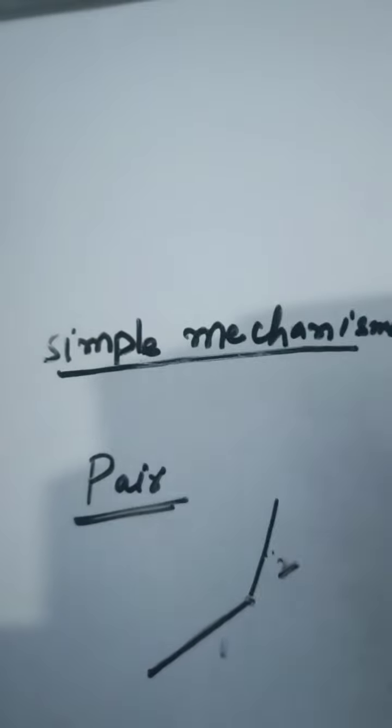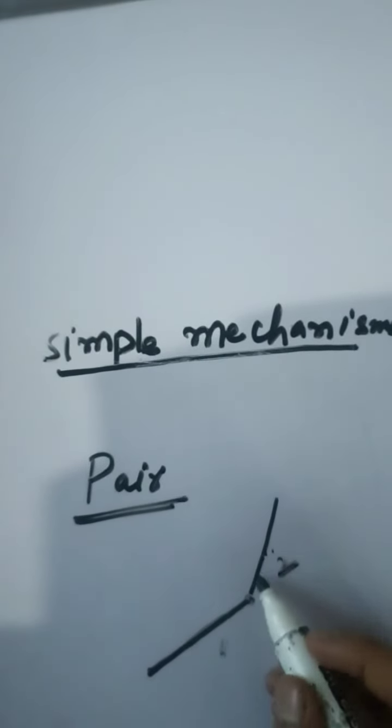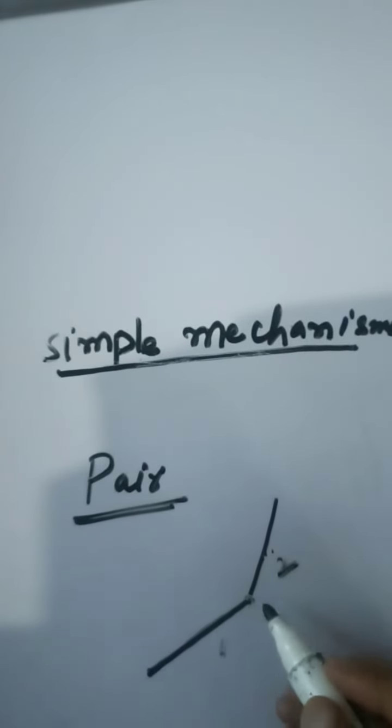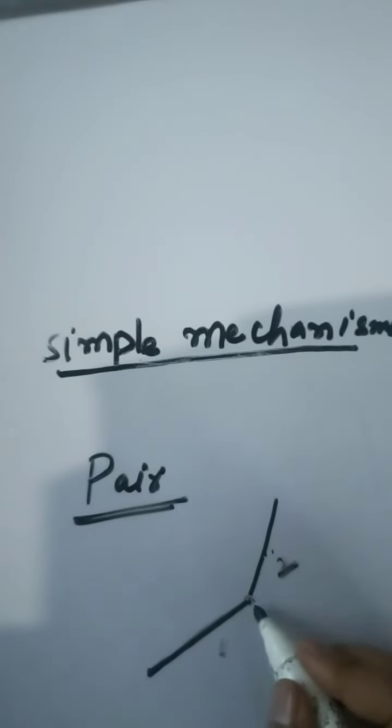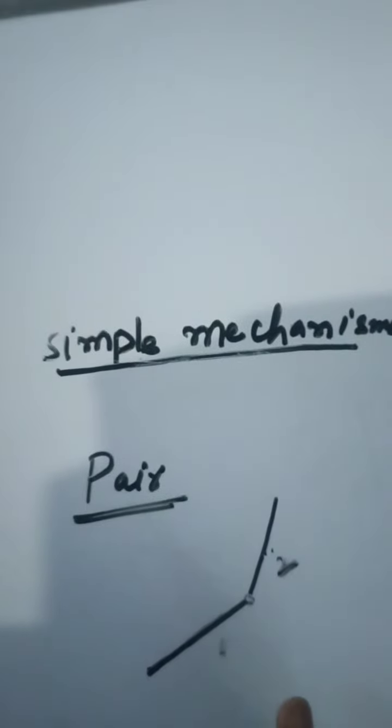If you see that here are two links connected by a joint, at a point called a joint. Okay, so this becomes a pair. So two links make a pair.